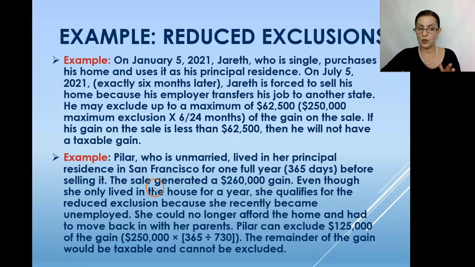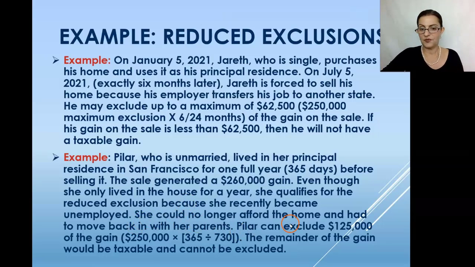So she's going to qualify for the reduced exclusion because she recently became unemployed. So unemployment is an unforeseen circumstance, and she'll qualify for reduced exclusion, but she's not going to be able to exclude all of that gain. And she's not even going to be able to exclude $250,000 of that gain because she only lived in the house and owned it for a year. Okay?